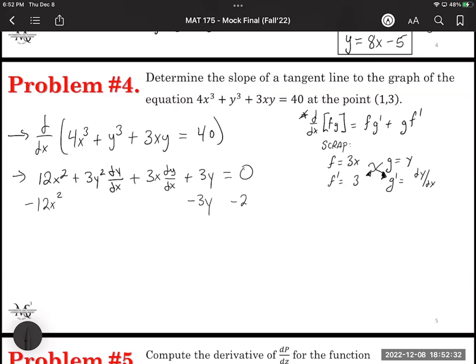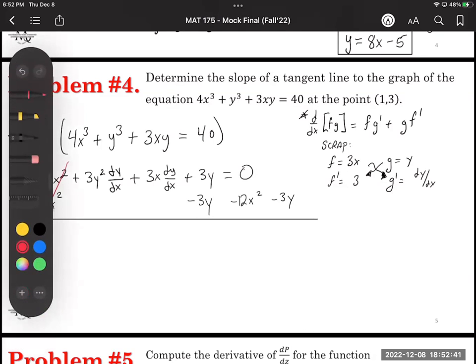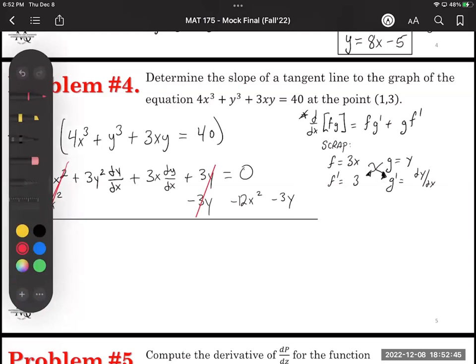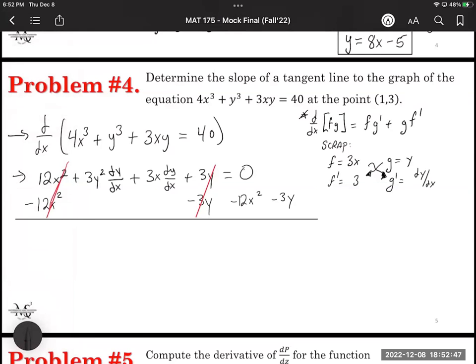The 12x squareds cancel out, and the 3y's cancel out. So this gives us 3y squared dy/dx plus 3x dy/dx is equal to negative 12x squared minus 3y.